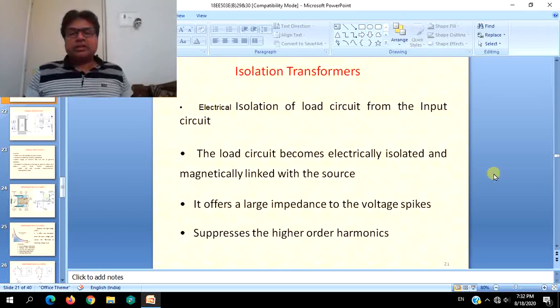First thing is, by offering large impedance, the effect of voltage spikes and higher order harmonics, that is 5th and 7th order harmonics, will not be carried over to the secondary side, that is to the load. So two points are taken care of, and the other, the most important again, is that electrical isolation is provided between the source and the load.